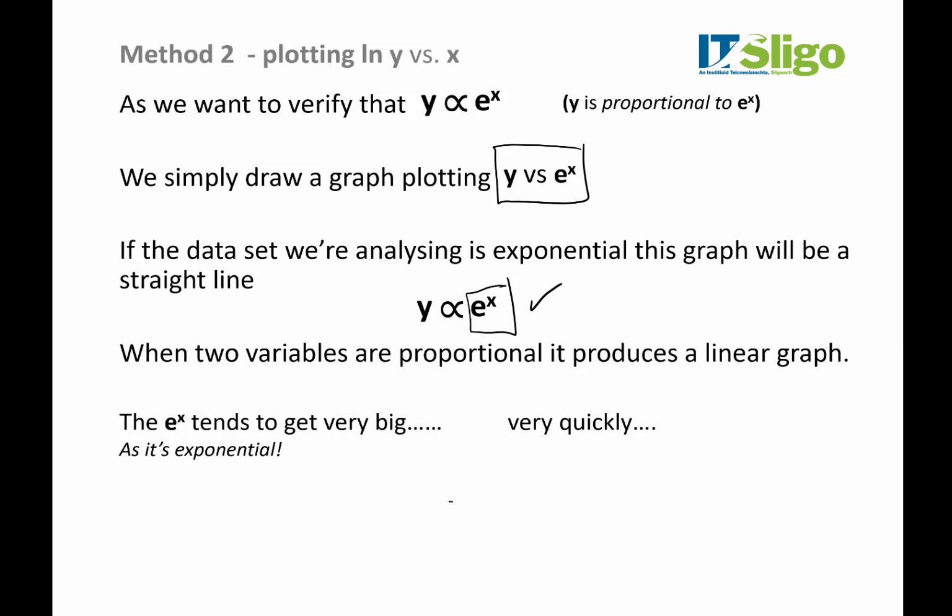So if you're looking for e to the power of, say, 20, the values just get huge. Just getting a calculator. E to the power of 20 is 485 million. So you can see the values get very big.